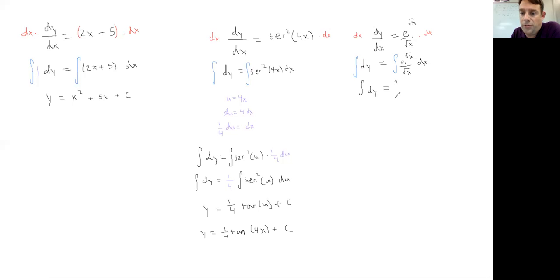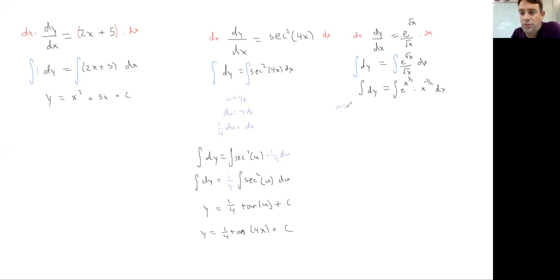I got some ugliness going on over here, so let's just make this e root x, so e to the x to the 1/2. And to get this root x out of the denominator, I'm going to call that x to the negative 1/2. I'm going to do a quick little u sub again here just for the fun of it.